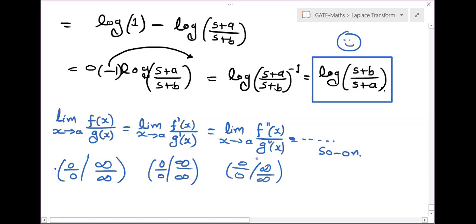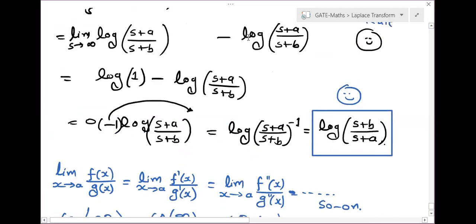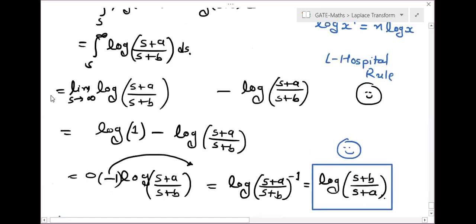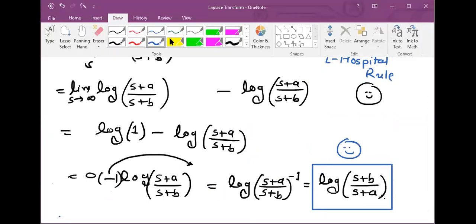So this is your L'Hopital rule, right? In spelling, we write hospital, but the S is silent over here. So if I apply L'Hopital rule, here it is limit s tends to infinity. So first release the limit over here.